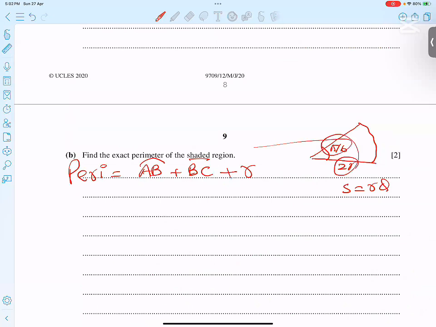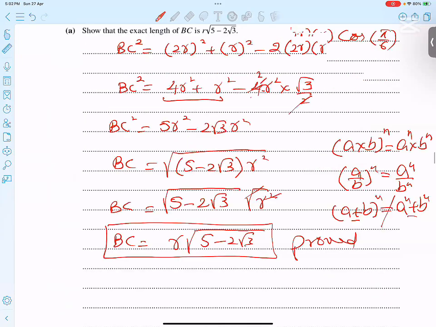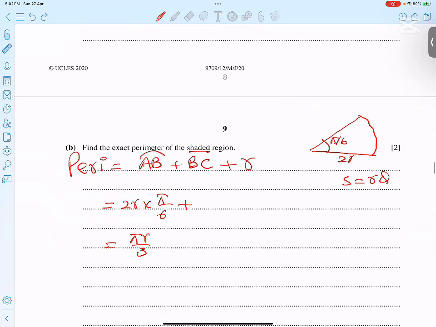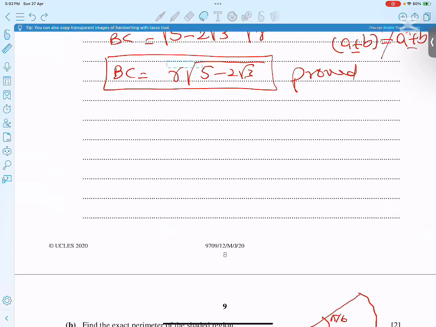So I write radius 2r into pi by 6, which turns out to be pi r over 3. So the first part is done. What is the straight length BC? Luckily I already have BC, so I write r root of 5 minus 2 root 3. I copy and paste it and write it below.